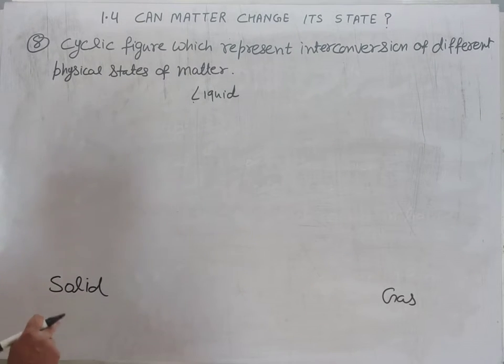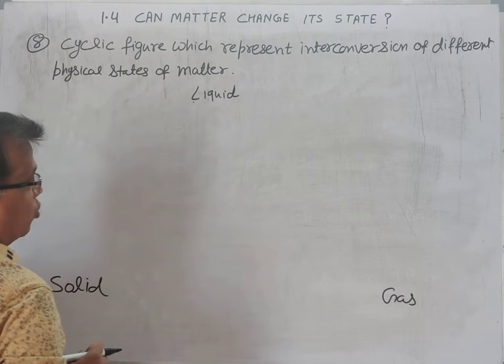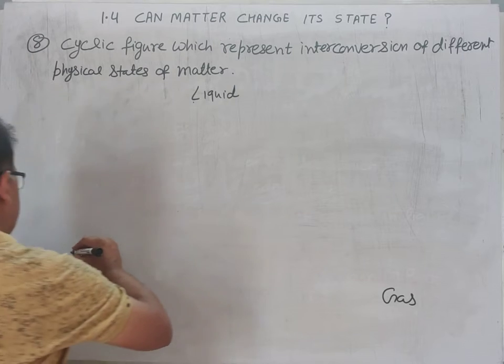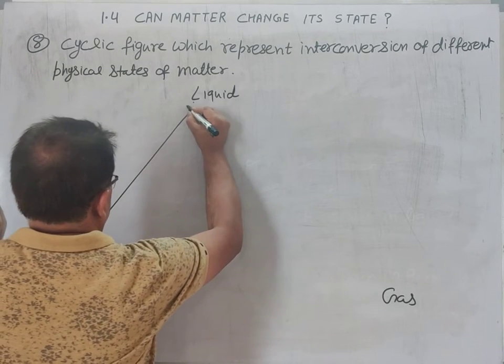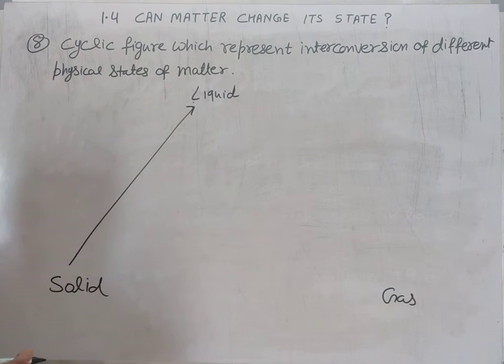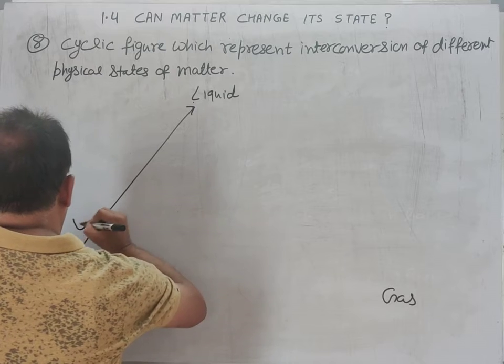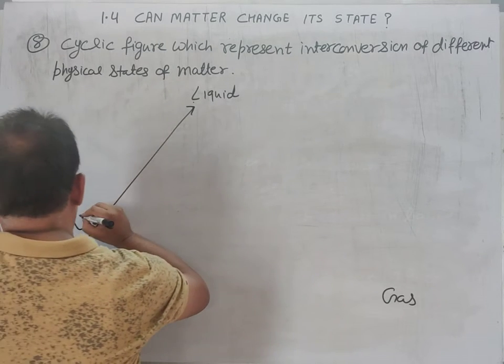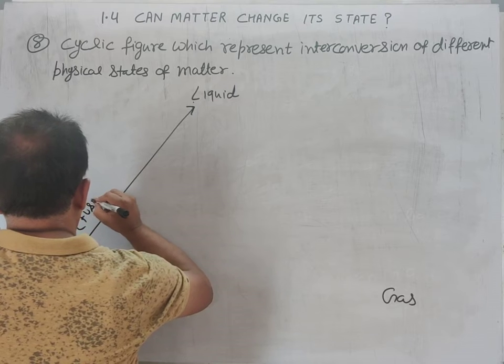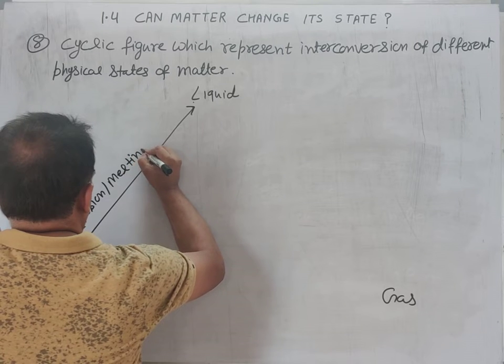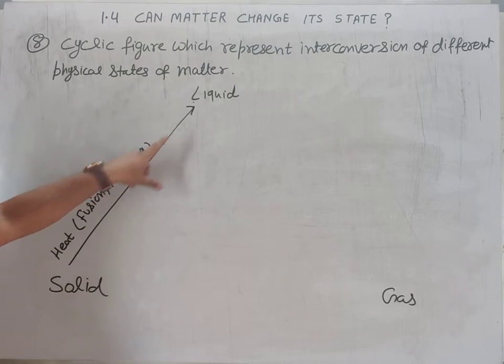They can be converted. Solid can be converted into liquid by heating, and the name of the process is fusion, which is also known as melting.